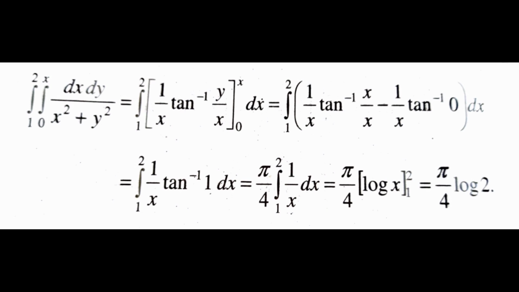We know that tan inverse 1 is pi/4. Therefore, this is pi/4 times the integral from 1 to 2 of 1/x dx, which is pi/4 times log x, lower limit 1, upper limit 2. Then the final answer is pi/4 times log 2.